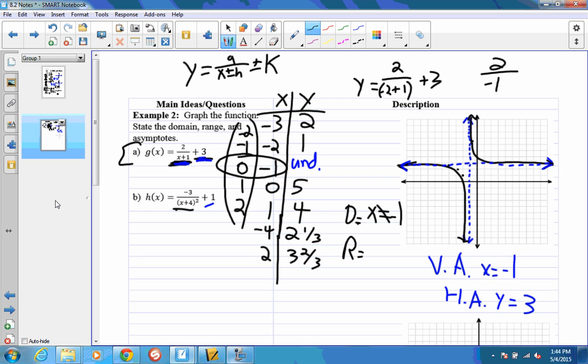But what can it not equal? Look at your asymptote. It's 3. Y cannot equal 3. All else fails, guys, just start down here and go for y and move up. Am I good? Nope, I can't equal that. But then I'm good, everything above it.